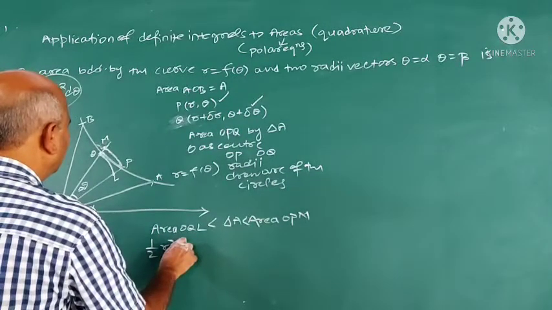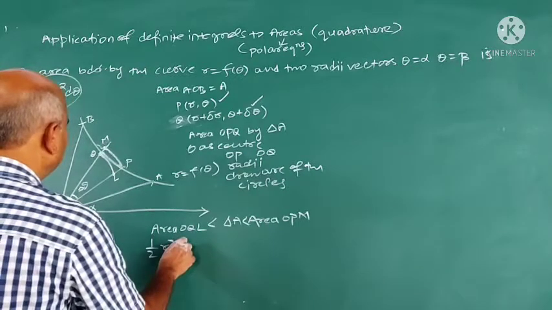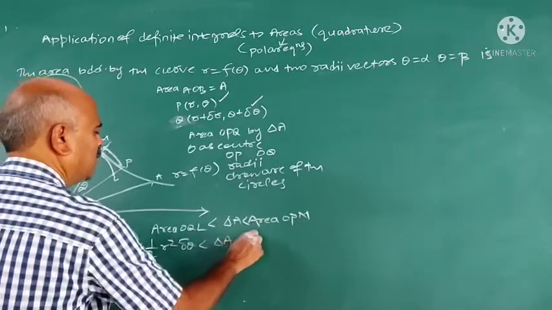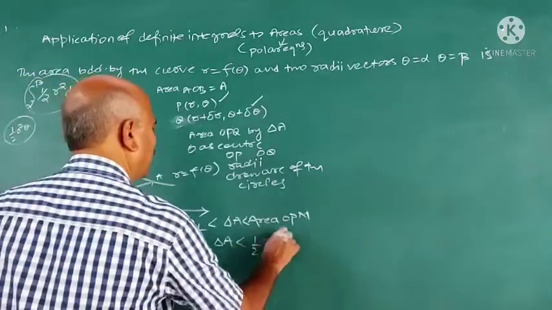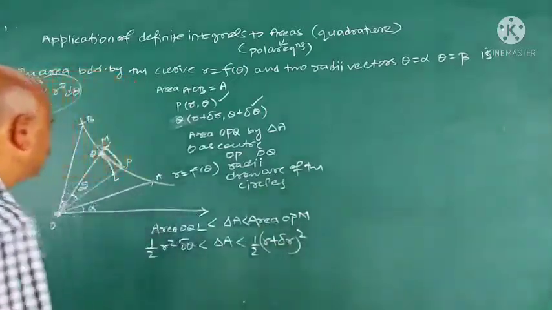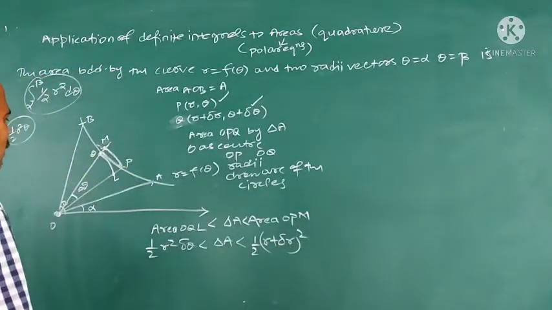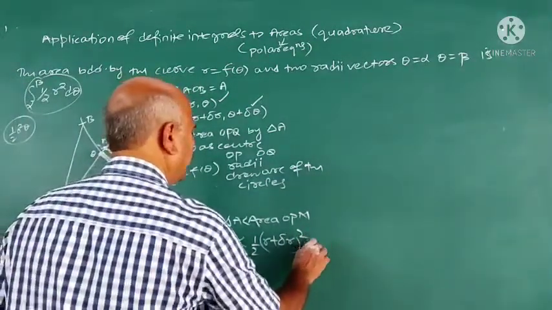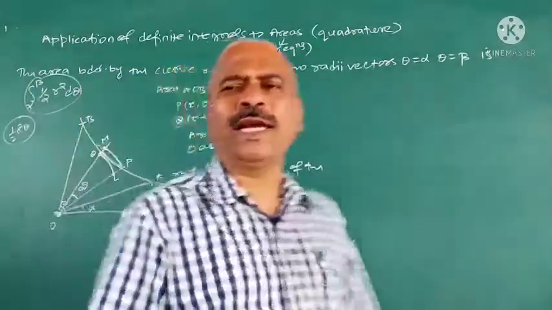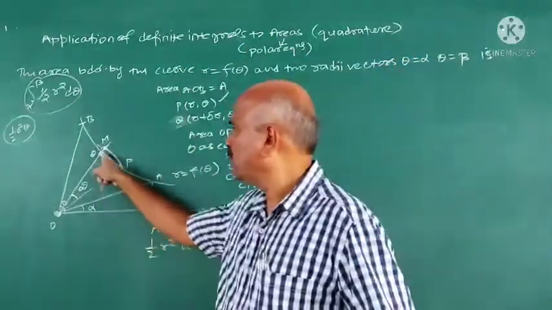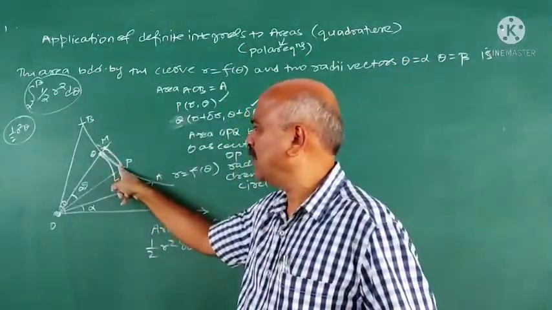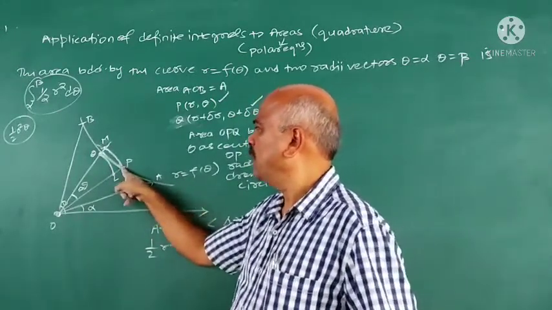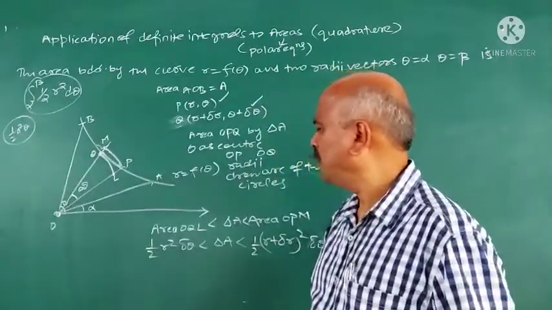Therefore, half r square delta theta is less than delta A, which is less than half (r plus delta r) whole square delta theta. Because sectorial angle is same here, delta theta. For outer sector, radius is OP. Yes.